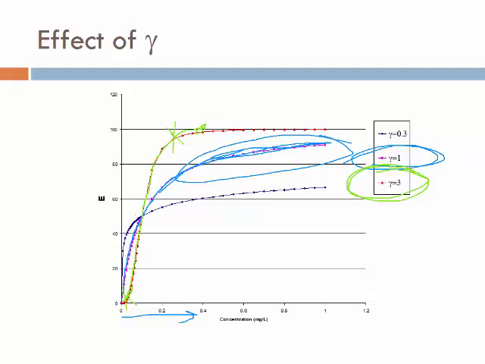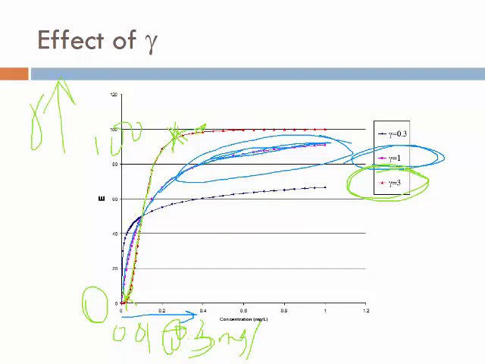So we go from no effect to pretty much 100% effect between a concentration of, like maybe 0.01 to maybe 0.3, and I'm just guessing this, milligrams per liter. We go from 0 effect all the way to 100 effect in a very small concentration range, right? That's 0.03, not 3, but 0.03. So this is the effect of gamma.